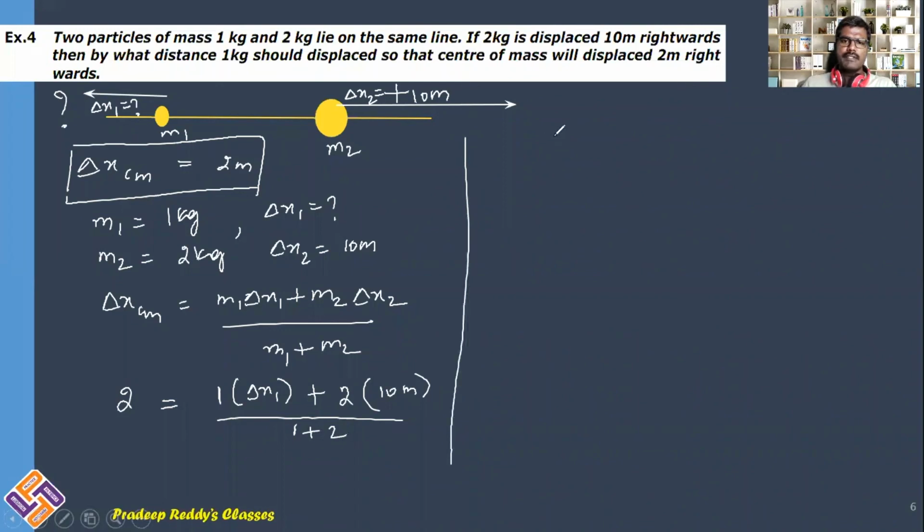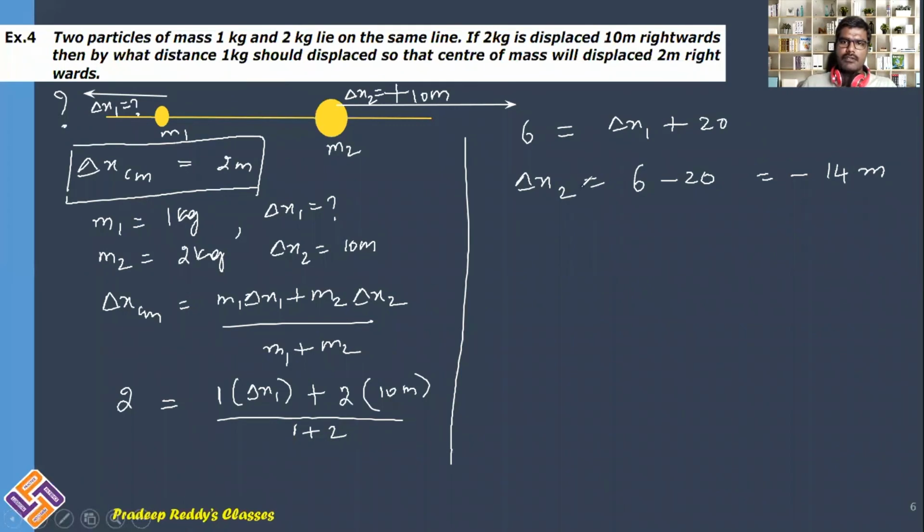This gives you 6 is equal to delta x1 plus 20. Delta x1 is equal to 6 minus 20, which is equal to minus 14 meter.